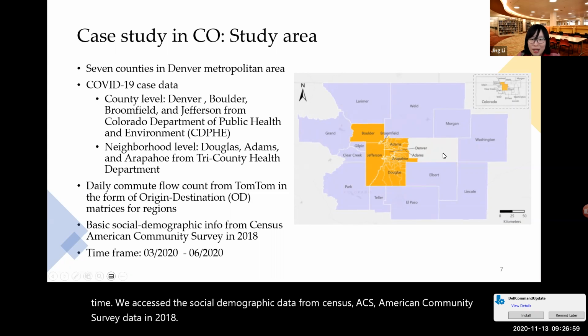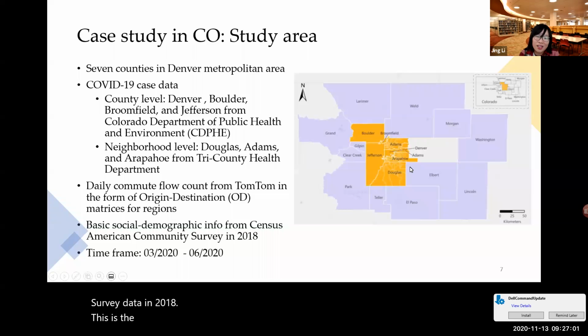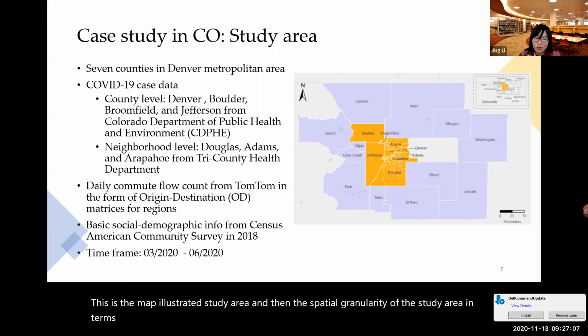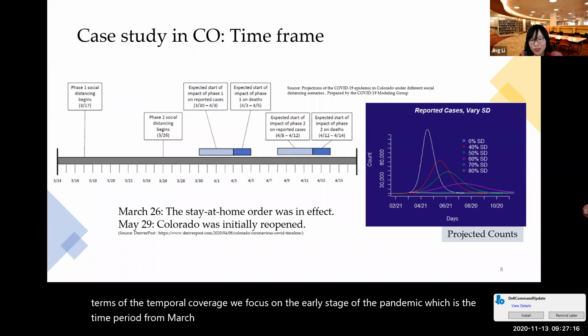This map illustrates the study area and the spatial granularity of the study area. In terms of the temporal coverage, we focus on the early stage of the pandemic, which is the time period from March till June. The reason we chose this time period is that it covers 3 important or critical dates.